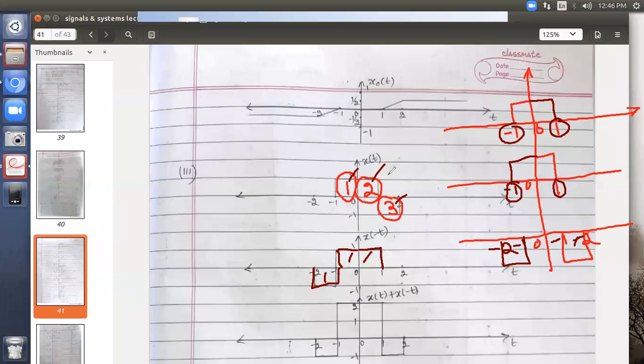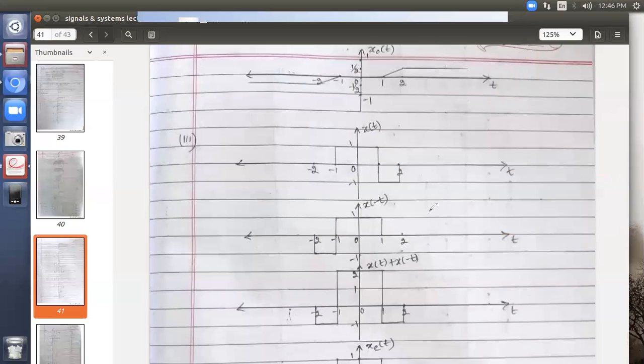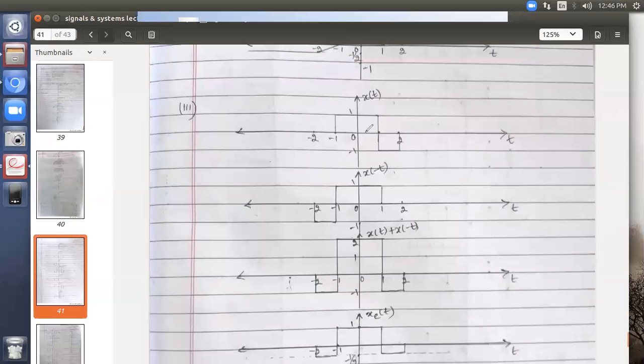Once you find the reflection, the next step to find the even and odd part is to add both and subtract both. First, let's go for addition. If I add these two, let's go from the leftmost. The original signal starts from -1, but the reflected signal starts from -2.